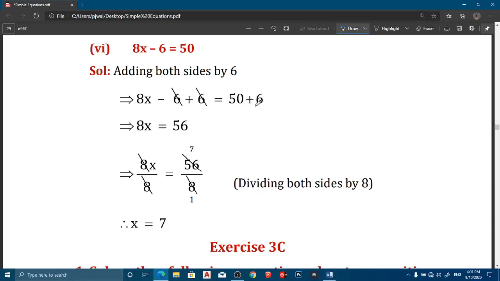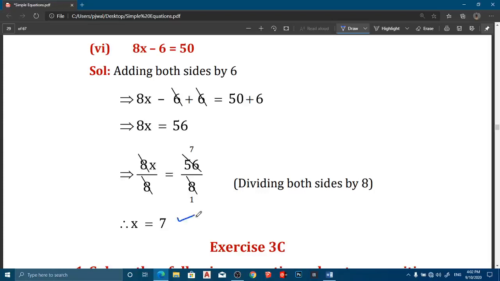Don't forget to add or subtract on the right side. You will get a wrong answer. So now here also you want only the x value. So to remove this multiplied value of 8, you have to divide on both sides with 8. Both sides. So now it is 8 1s, 8 1s. 8 8 gets cancelled. Here 8 7s are 56. Therefore x is equal to 7 is the solution of the given equation.